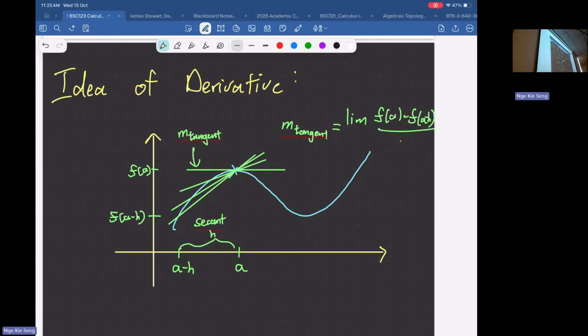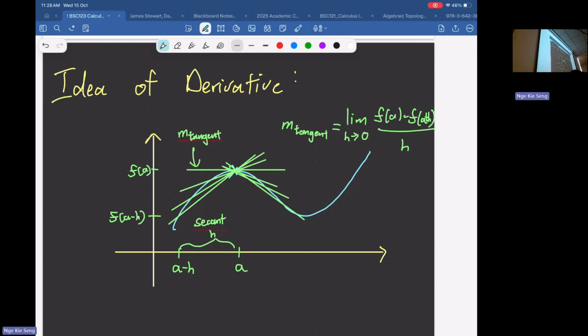This h comes from a minus h. Or actually we can put a plus h here, because we could also consider from the right.